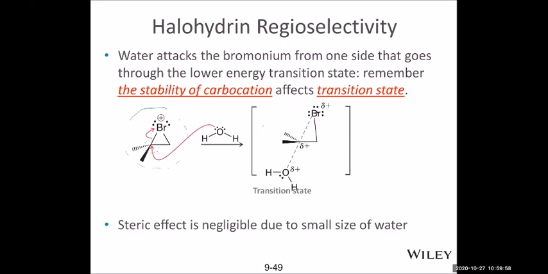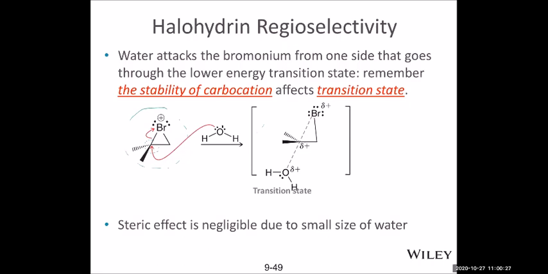If you remember, a tertiary carbocation is most stable, then secondary, and then primary. If this carbon were a full carbocation, it would be more stable. So it can be explained by the stability of the carbocation, which forms this product.